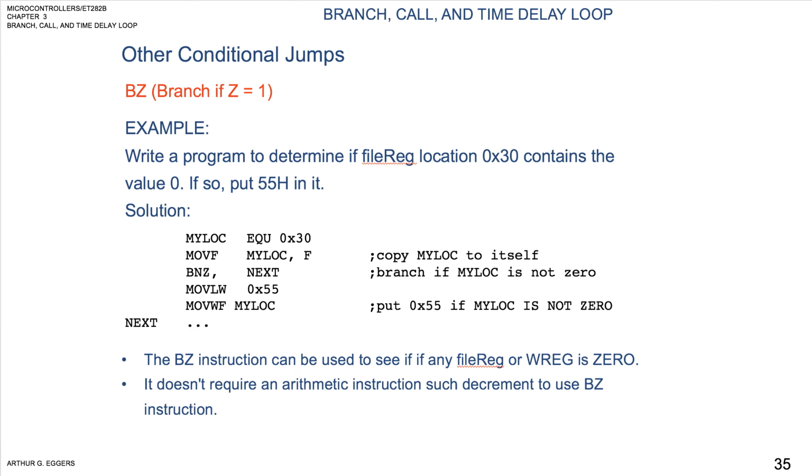If it is a 0, then we put a new value in my location. Okay. The BZ instruction then can be used to see if any file register or working register is 0. It doesn't require an arithmetic instruction to decrement to use the BZ instruction.